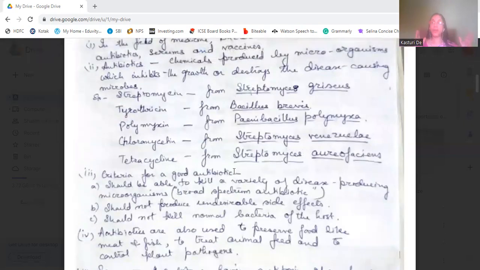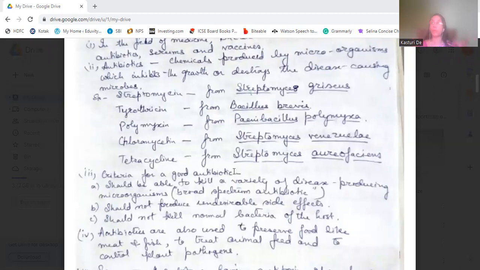To prepare antibiotics, what are the criteria needed for a good antibiotic? First, it should be able to kill a variety of disease-producing microorganisms.